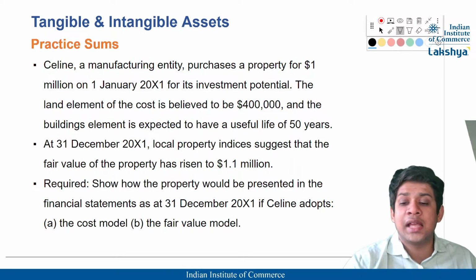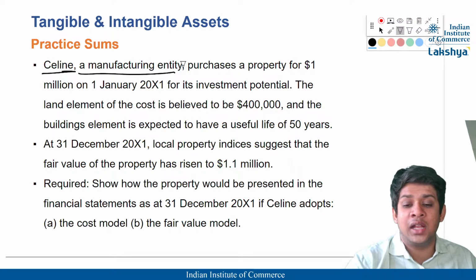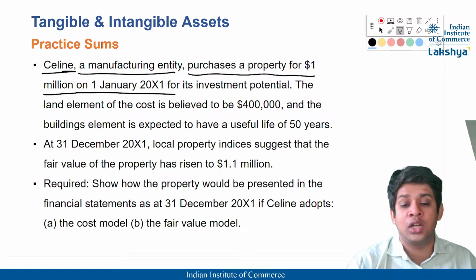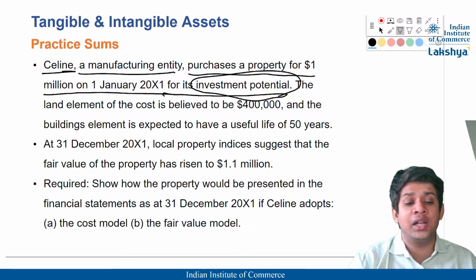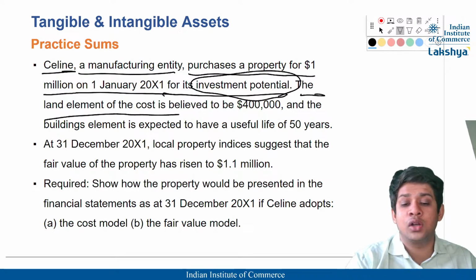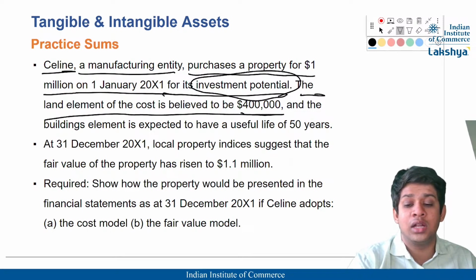Okay. Now, Celine is a manufacturing entity which purchases a property for $1 million on 1st January 2011 for its investment potential. That means this property is purchased solely for the purpose of holding it as an investment property. The land element of the cost is believed to be $4 lakh.